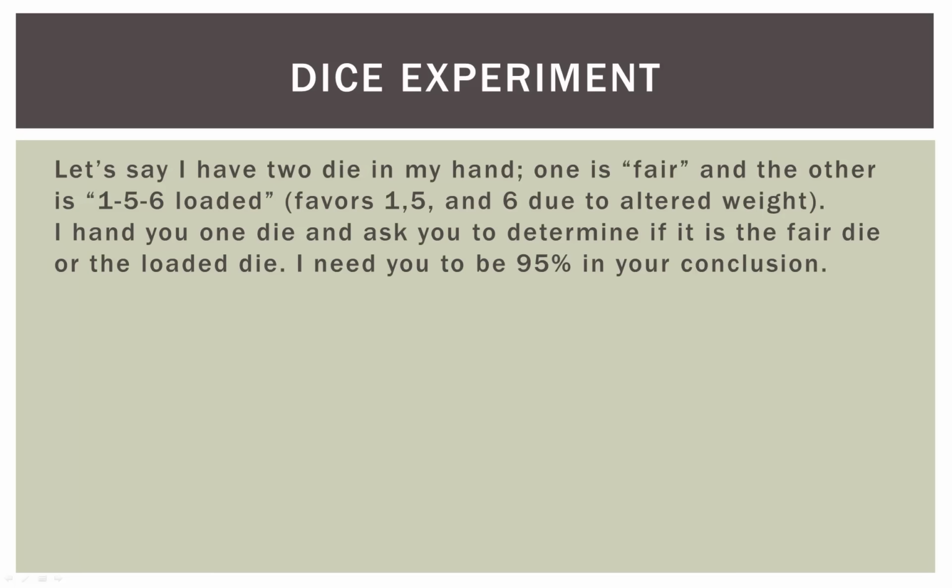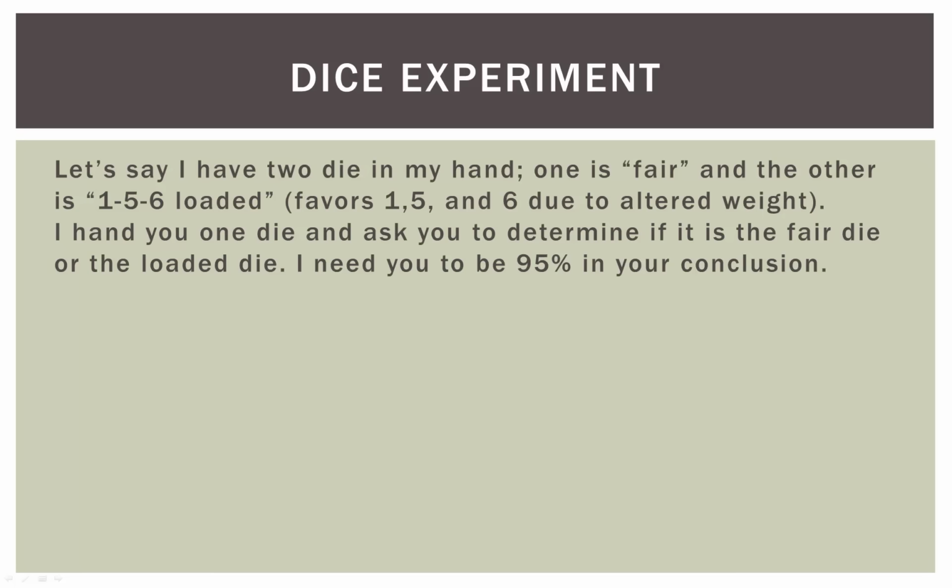So let's say I have 2 die in my hand. One is fair, and the other is 1, 5, 6 loaded. And that means it favors the numbers 1, 5, and 6 due to alterations in its weight. So some people that cheat at casinos swap out the actual casino dice with weighted dice to get the numbers they want.